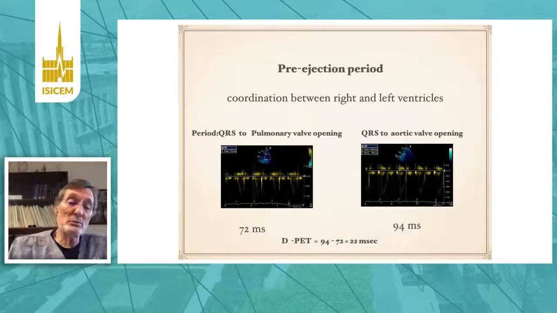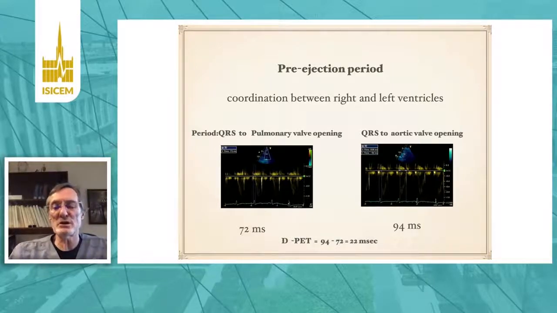One using tissue Doppler imaging that can be very important in certain situations is the pre-ejection method, where you measure the time difference between the QRS onset to the pulmonary valve opening and that to the aortic valve opening. And of course, that's what you give people biventricular pacing wires for, to try in fact to have coordination of ventricular contraction.